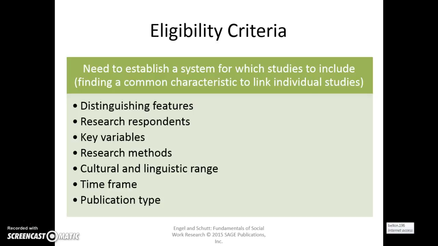When you're doing those, you have to be pretty systematic. Just like you would have specific criteria for your subjects in a regular study, you might say, I'm only going to include women, ages 18 and up, in this community.